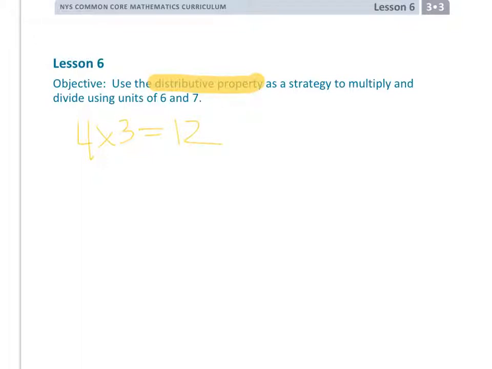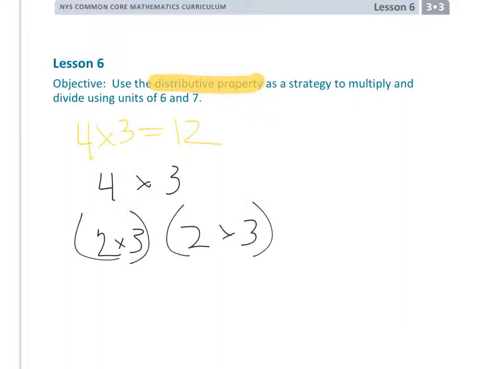So now if you take 4 times 3 and break it apart into 2 times 3, 2 times 3, that gives you the same answer. That's what I'm looking for.